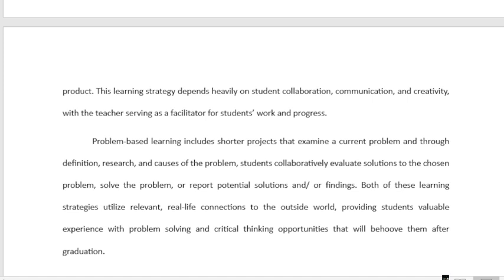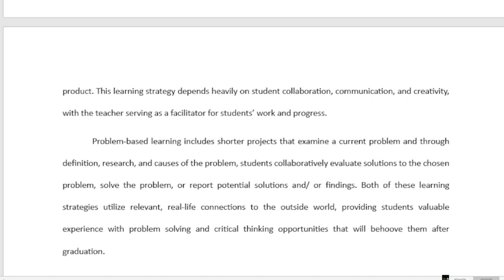On the other hand, problem-based learning includes shorter projects that examine a current problem and, through definition, research, and causes of the problem, students collaboratively evaluate solutions to the chosen problem, solve the problem, or report potential solutions and or findings.